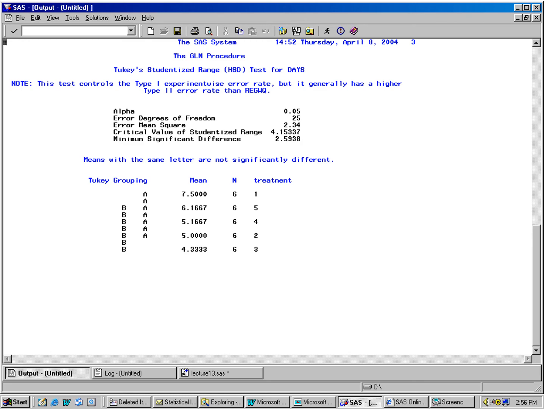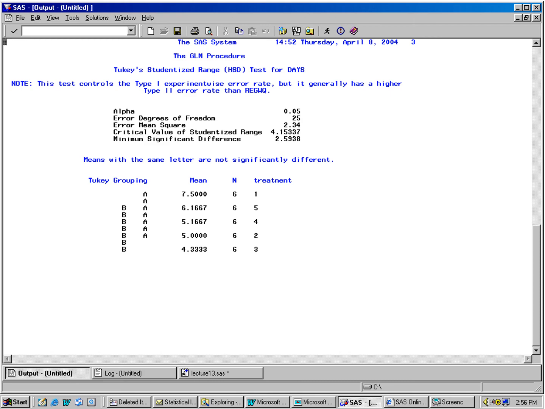We also have the B grouping. That's 5, 4, 2, and 3. So treatments 5, 4, 2, and 3 are indistinguishable from one another. All right?